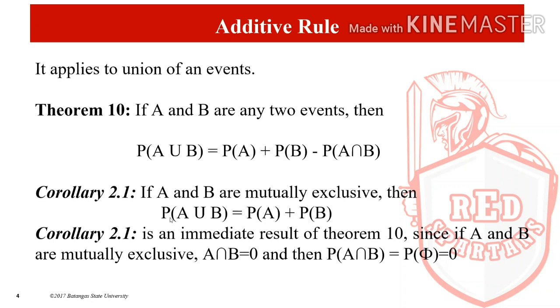Ang formula na lang natin ay probability of A union B is equal to probability of A plus probability of B. Aalisin natin ang minus probability of A intersect B. It is an immediate result of theorem 10 since the probability of the null set is equal to 0.